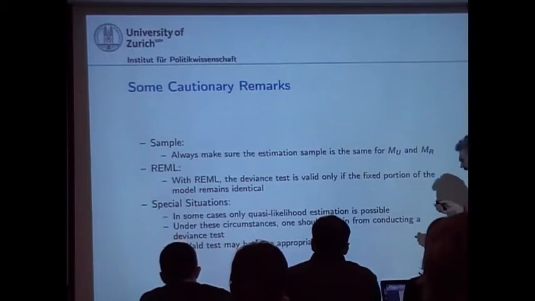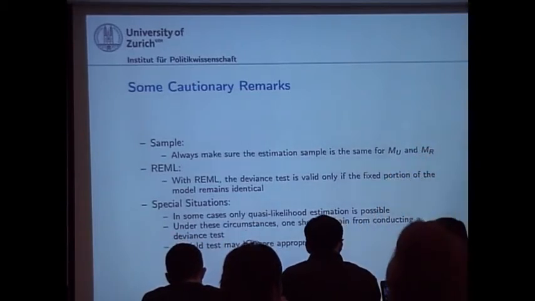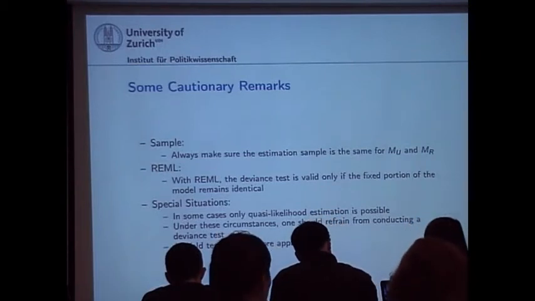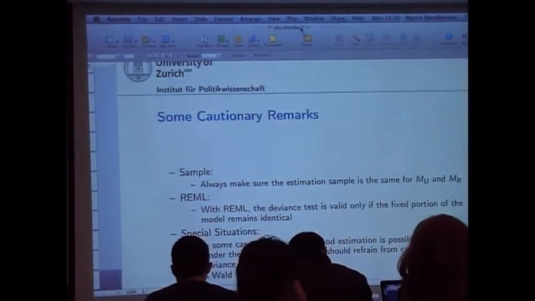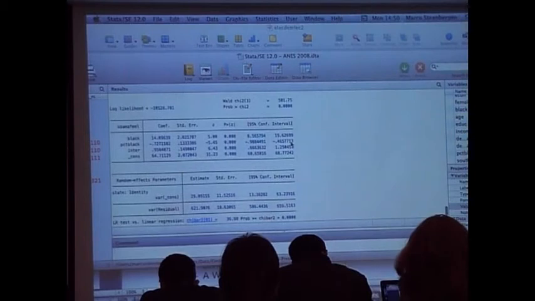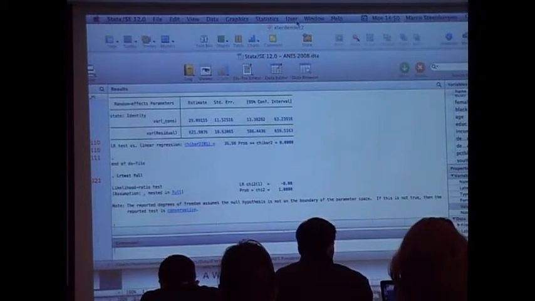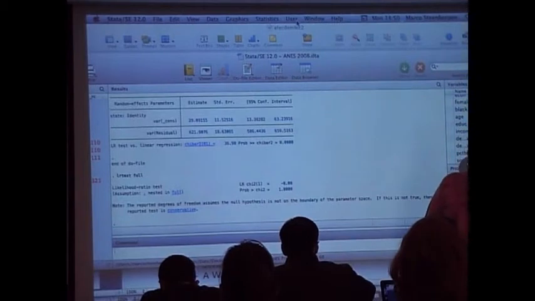Before I get to the caveats, I want to talk a little bit about the R squared, just because I alluded to it earlier. The intuition of the R squared in multilevel analysis is similar to the intuition in regression.